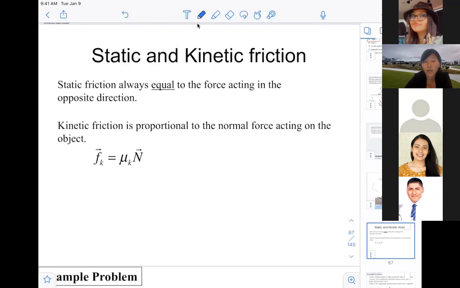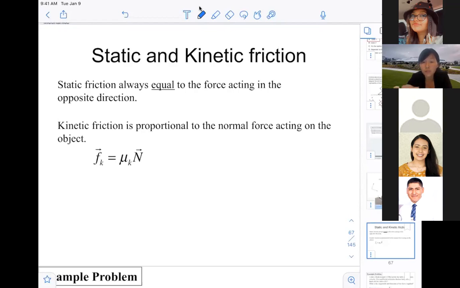You might say, okay, I'll stack a book on it, make it heavier, right? That will make it harder and more of a friction, right, to slide across. Or you might say, well, I'm going to put some sandpaper on the floor. That also works because you're changing the surface. So both of those will affect your kinetic friction.